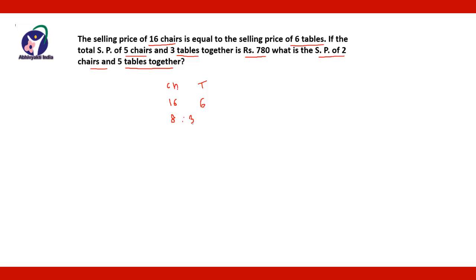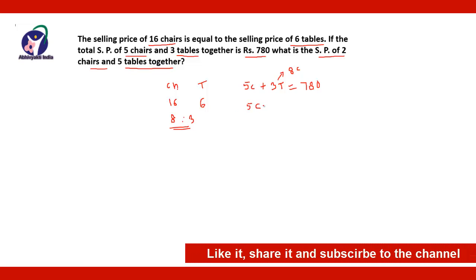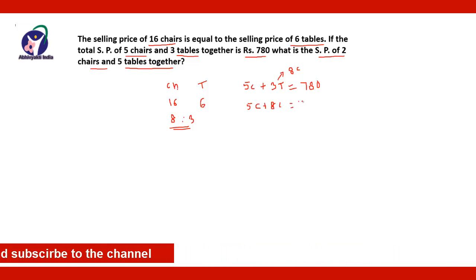Now here the 5 chairs plus 3 tables together cost rupees 780, but 3 tables are equal to 8 chairs because the ratio is 8 is to 3, and therefore this we can write as 5 chairs plus 8 chairs, which is equal to 780.